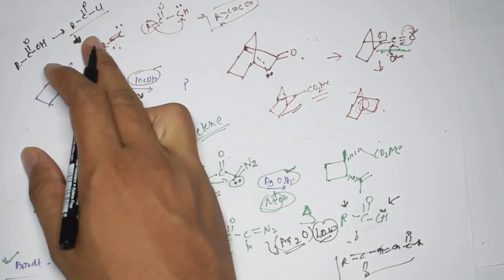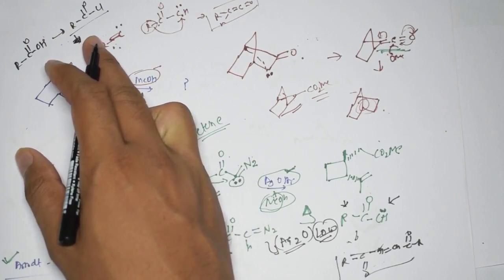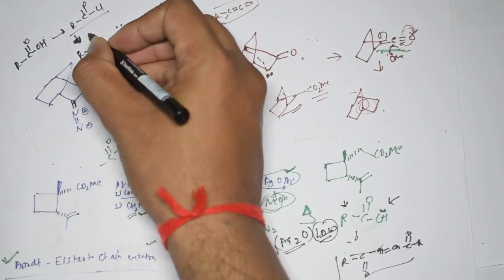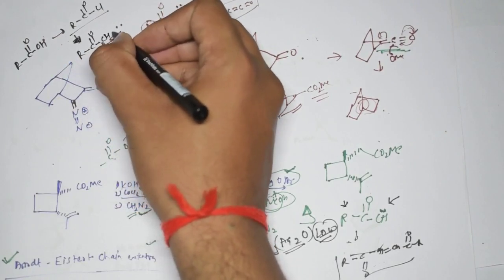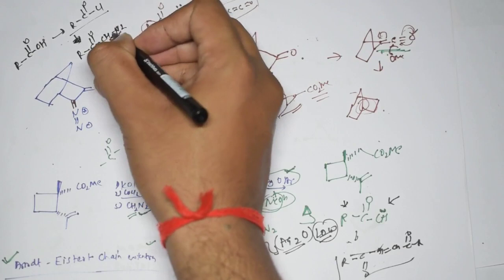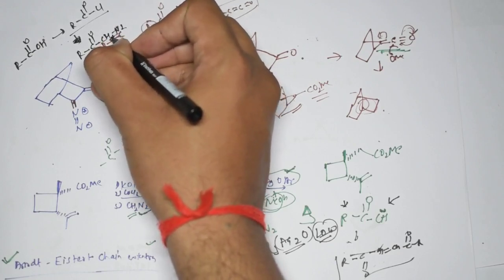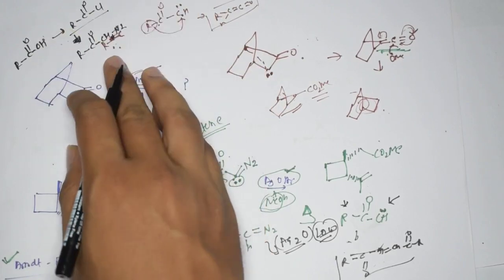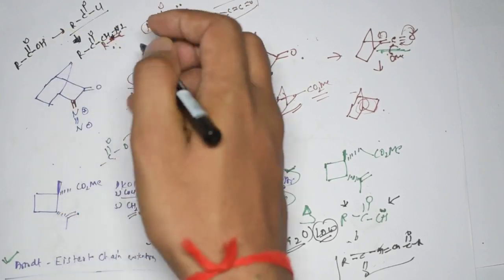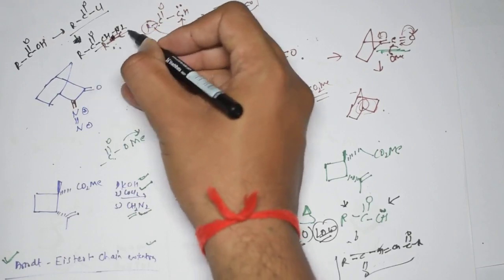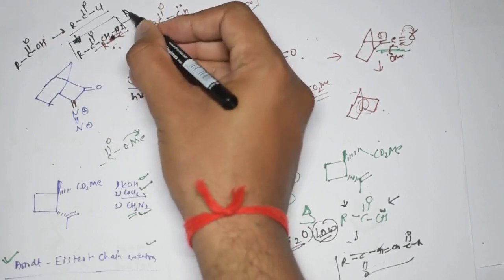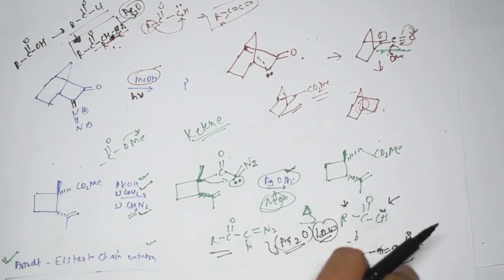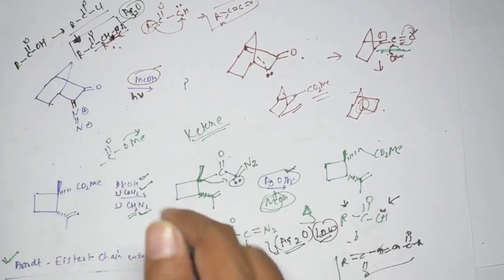After this, I can very easily introduce the CHN2 group, so here we will have RC=O and an RCHN2 group in this case. If I treat this with Ag2O, then the same steps I have taken over here can take place.